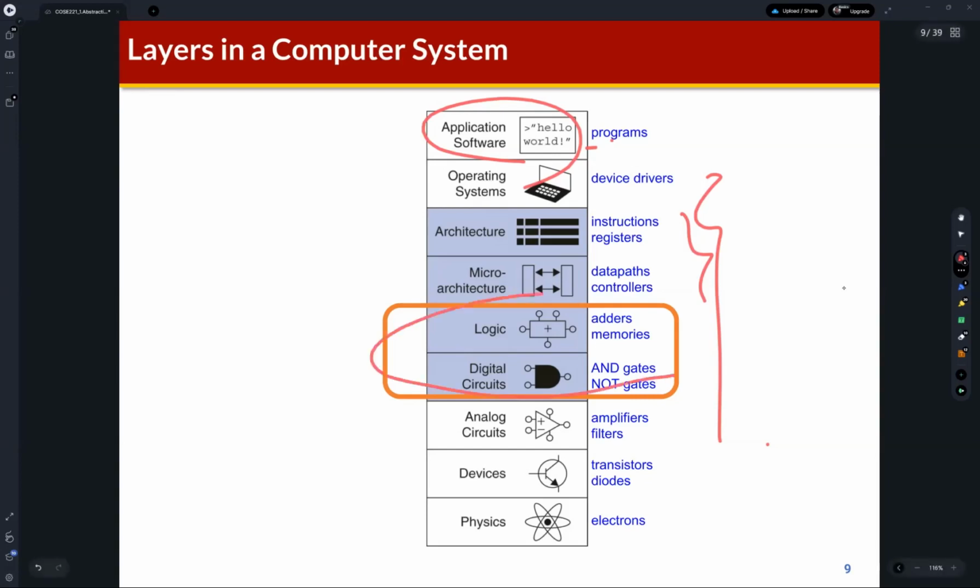And in this class, we will learn about logic and digital design, digital circuits. In the logic design layer, you can find adders and memories. I hope some of you understand the definition of adders and memories. Memory is a very familiar word because everyone knows about the DRAM or main memory of your devices, like a smartphone or laptop. We often check the size of main memory in our devices.